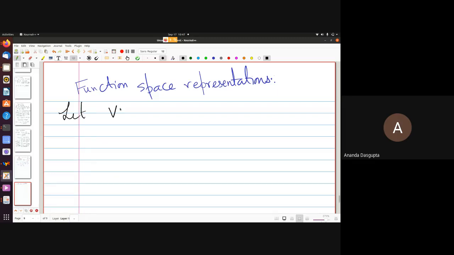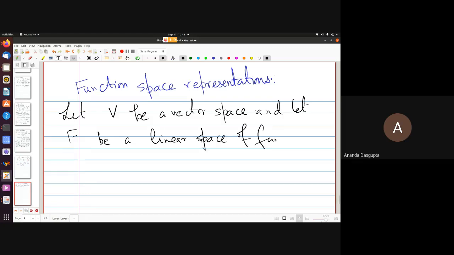So here we start with the vector space. On it.